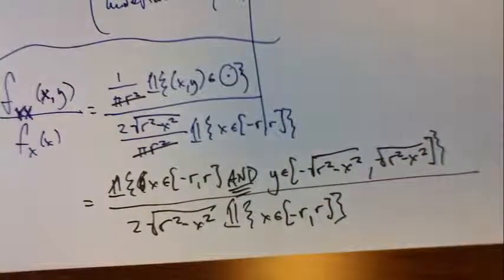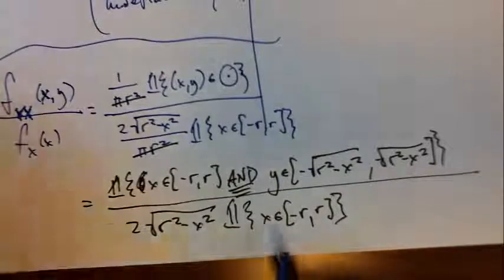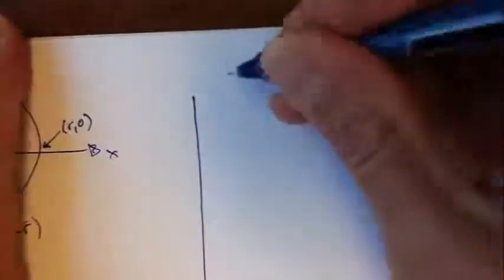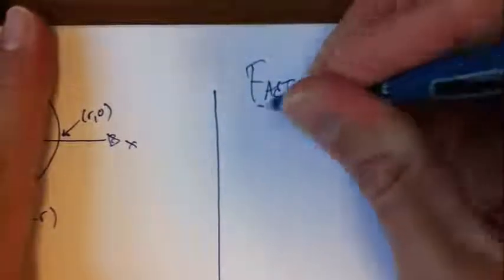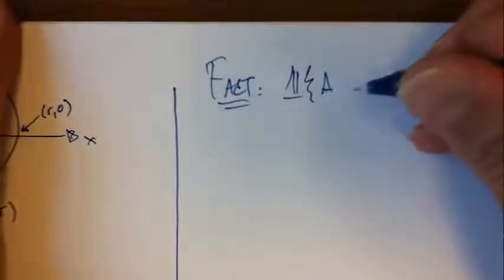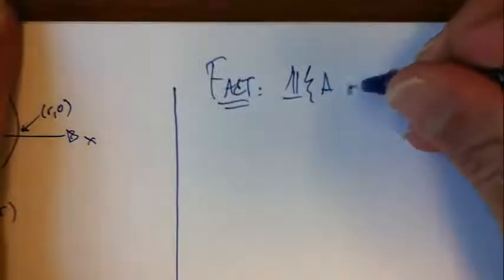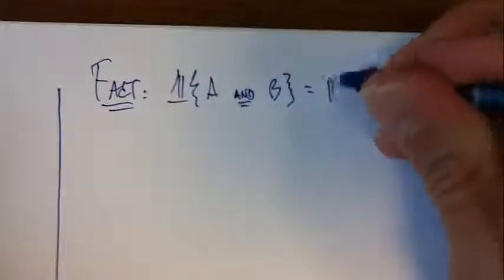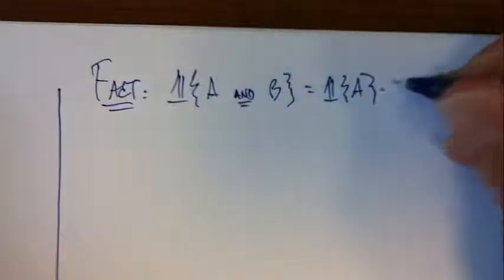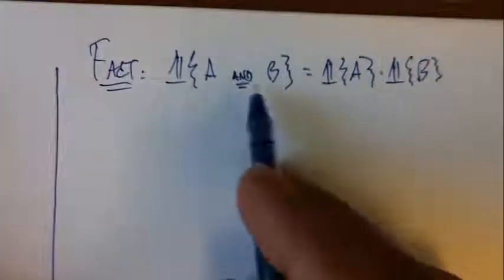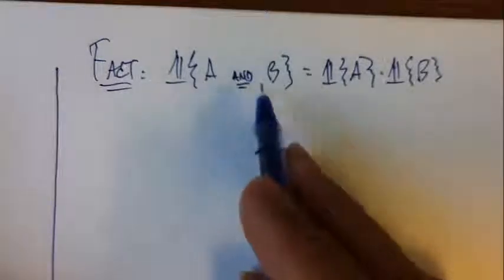Okay. Now, here's a trick that's really useful. I don't think we've seen this before, but here's a fun fact about indicator functions, and it really is a fact. The indicator function of the statement A and B is the indicator of A times the indicator of B. Both A and B are true if and only if A is true and B is true, right?